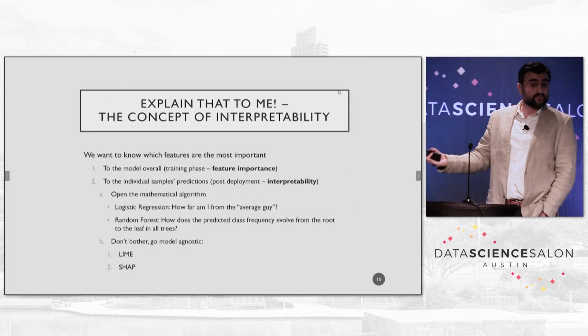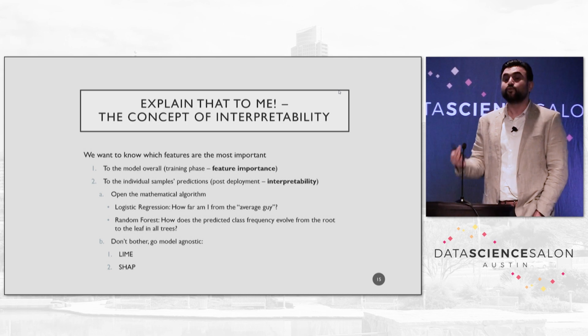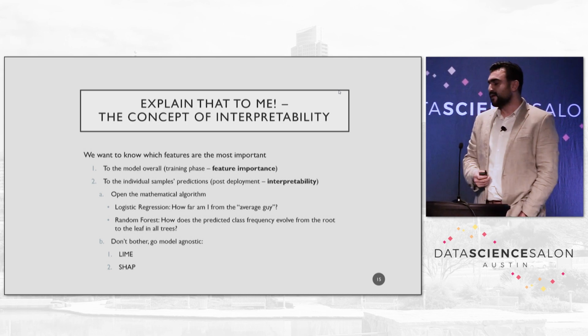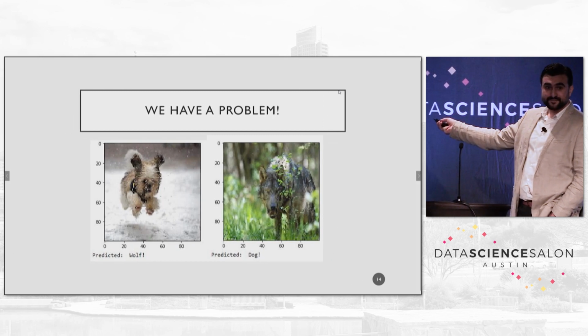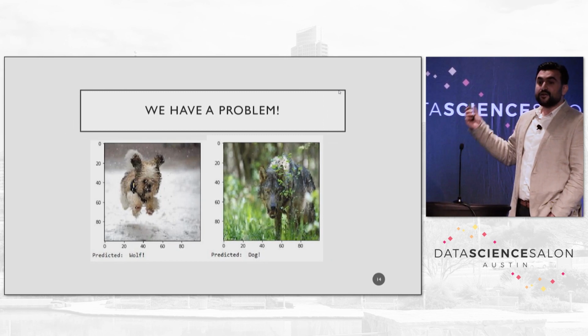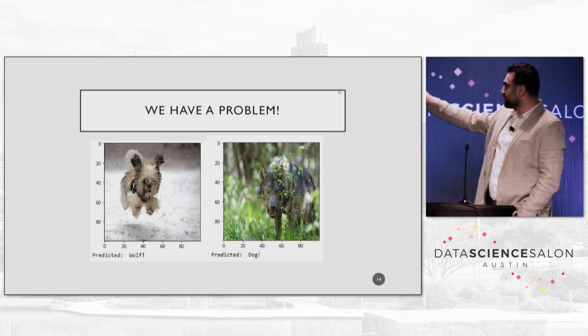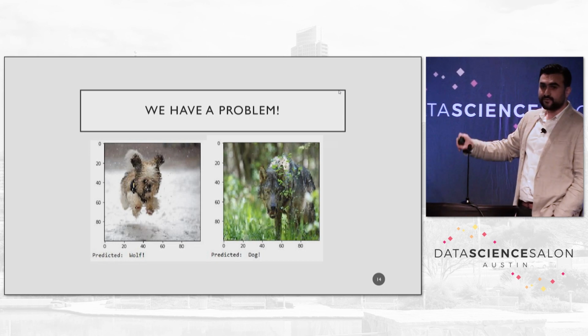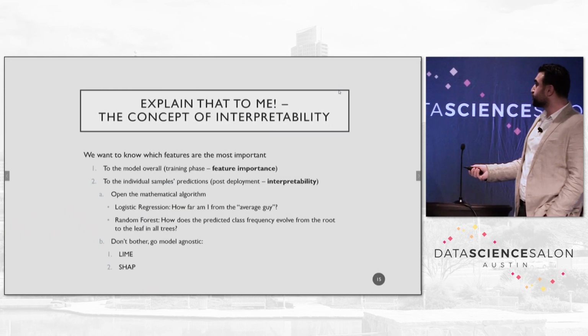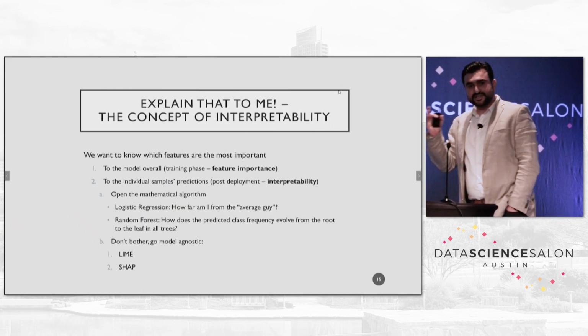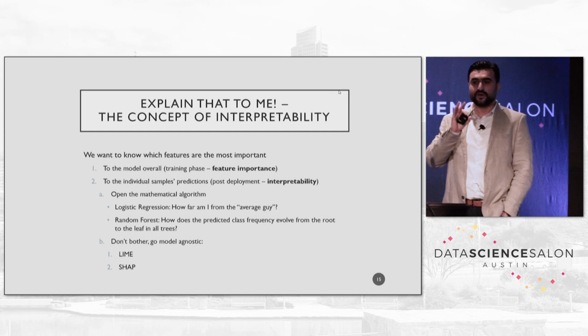We have a problem to explain here, right? Why did this happen? So basically, we'll just go back to this picture. We'll try to understand why it classified the little flying cuteness as a wolf and the vicious-looking wolf as a dog.